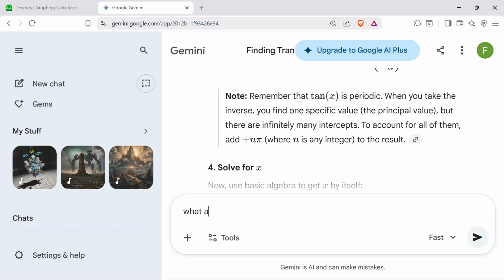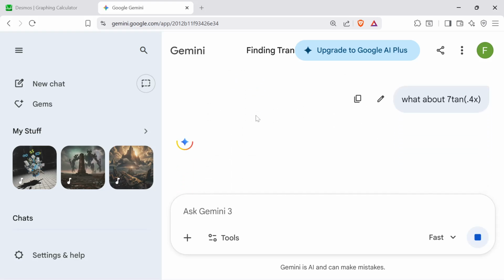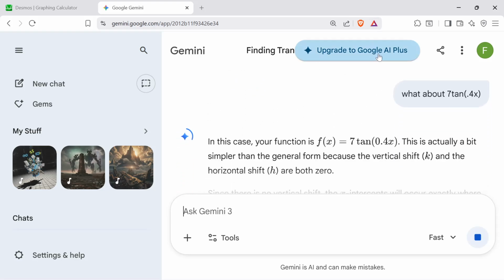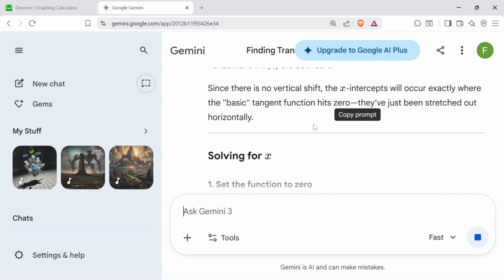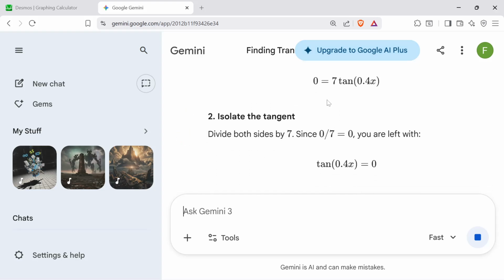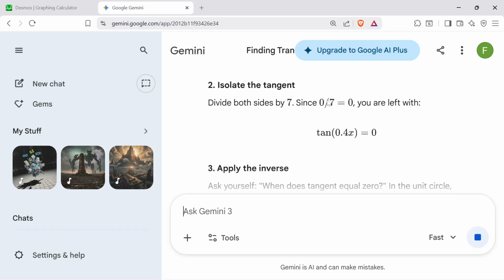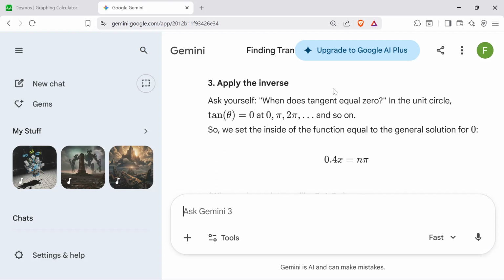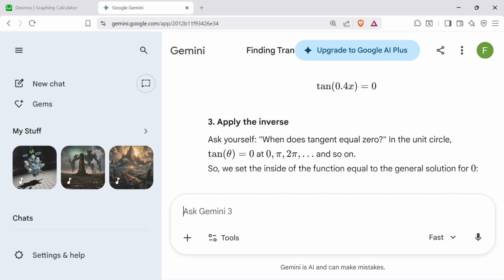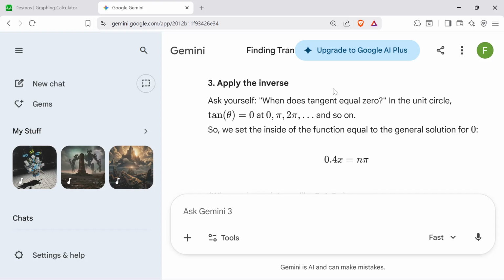Let's say 7 tan 0.4x? Somewhere, what am I doing wrong? As soon as I see it, I'm going to go, oh, you've got to be kidding me. Oh, that's right, it repeats, yeah.